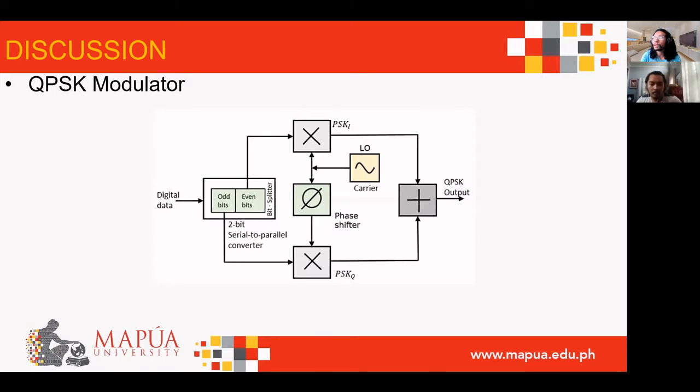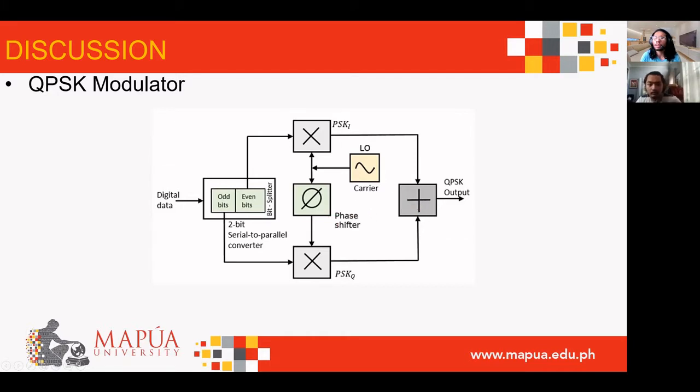So what you can see on the screen is the QPSK modulator block diagram. The QPSK modulator uses a bit splitter, 2 multipliers with a local oscillator, a 2-bit serial to parallel converter, and a summer circuit.